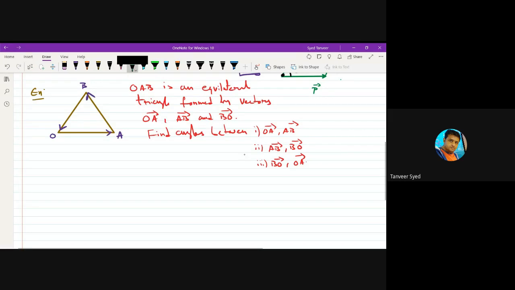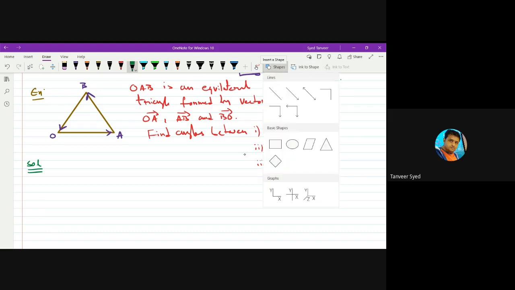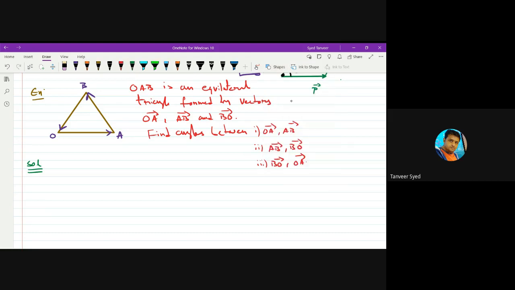Okay, see. First of all, angle between OA and AB. I will take vector OA, which is like this. I will take vector AB, which is like this.